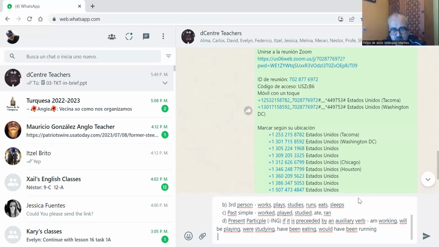And past participle verbs. What is a past participle verb? -Ed or irregular. But what is the difference between past simple and past participle? If you translate it, I played, yo jugué.